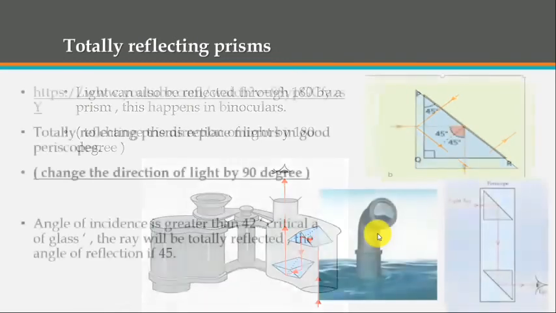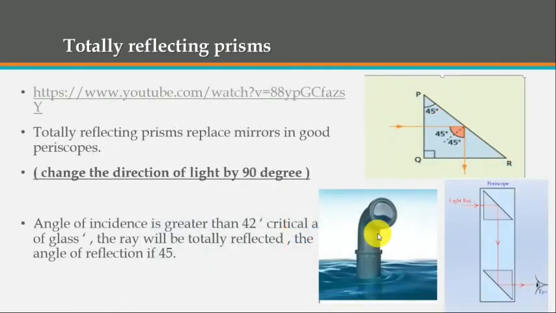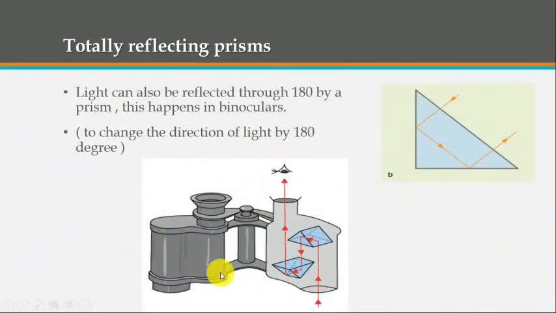Okay, so again we have two uses of the same type of prism. The first one we use in periscopes because it changes the direction of light by 90 degrees. The second one we use in binoculars because it changes the direction of light by 180 degrees.